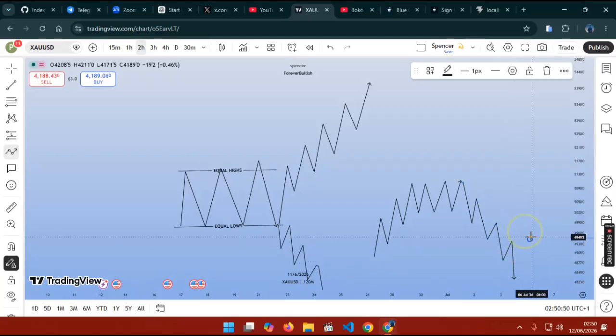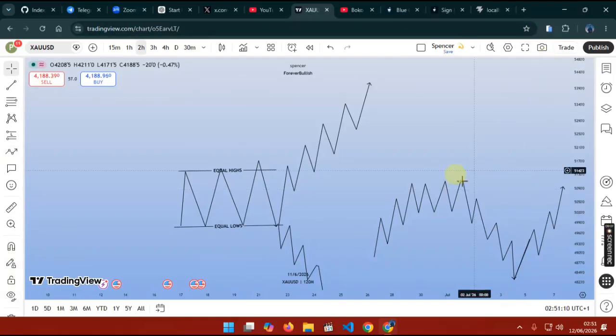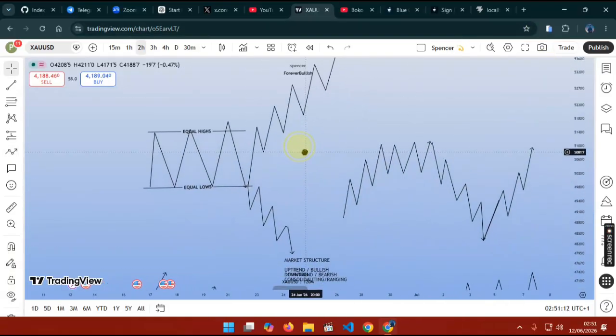So there's no fixed way that we expect the market to move from here. It can still break to the upside and start moving in an uptrend direction. That's basically how the market works, these three movements here now.